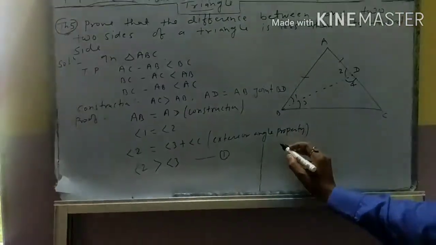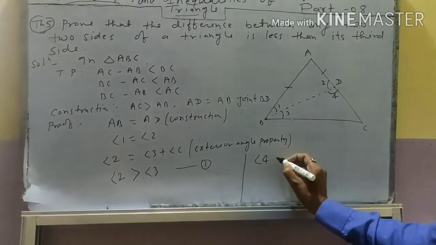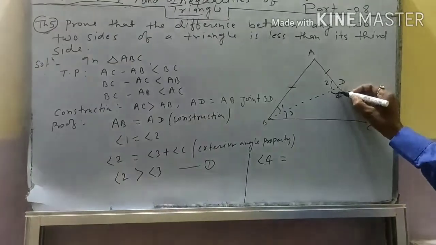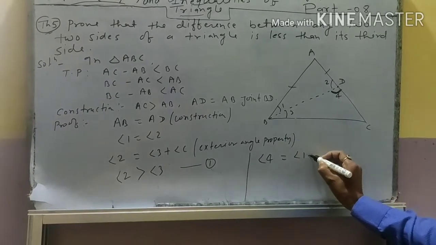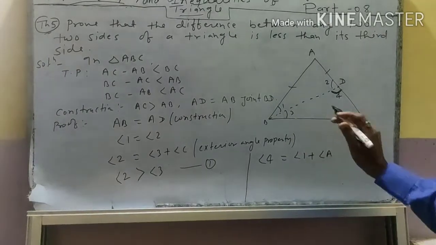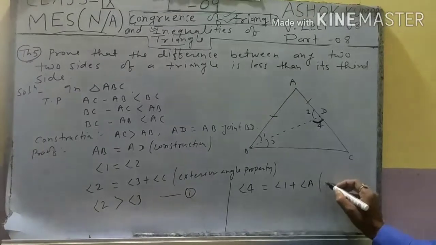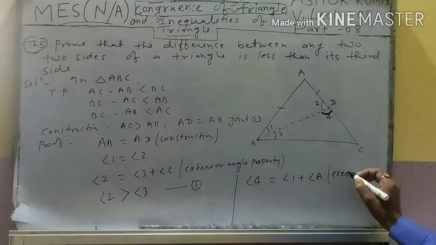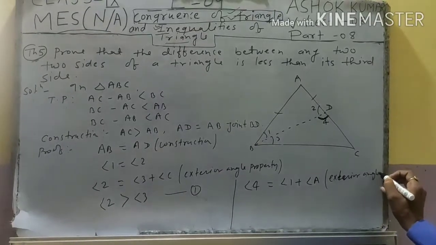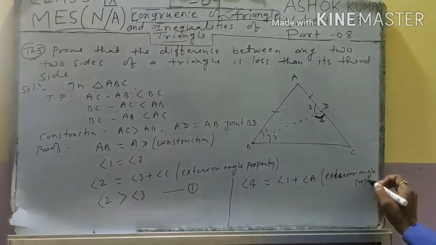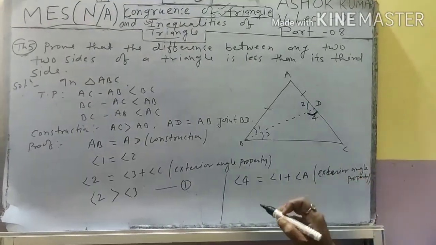From the second equation we can write here angle 4, exterior angle. Again exterior angle concept, student: angle 4 is equal to angle 1 plus angle A. Again write down exterior angle property.